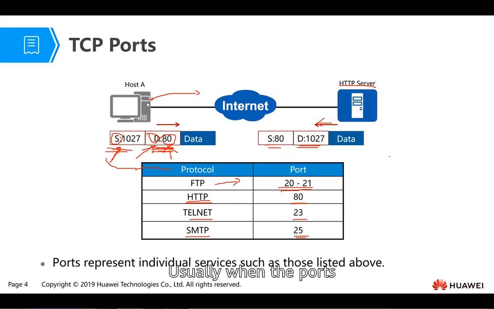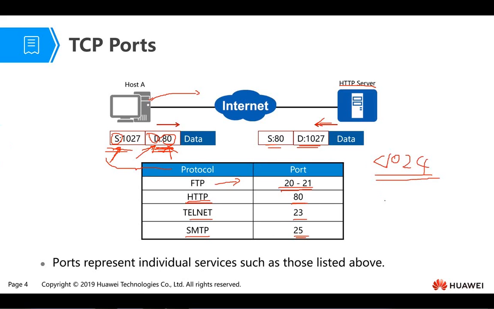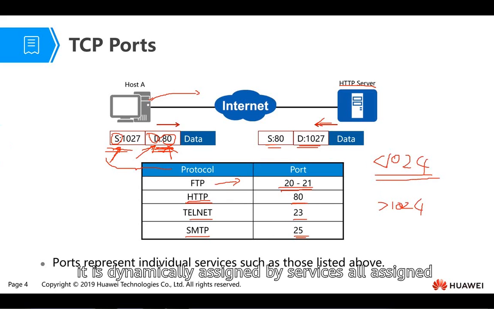Usually, ports smaller than 1 kilo are already assigned to well-known services, and ports above 1 kilo are dynamically assigned by services or assigned by applications to be used as the source port.